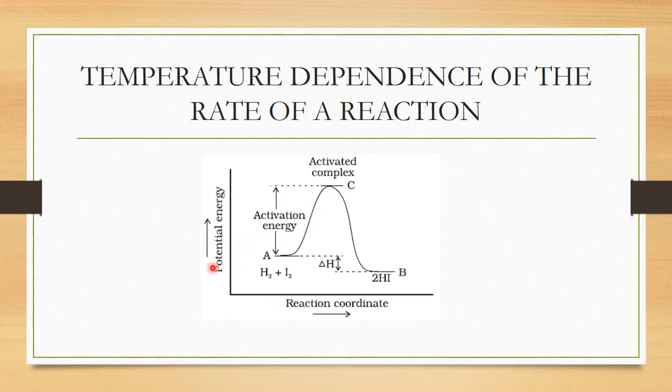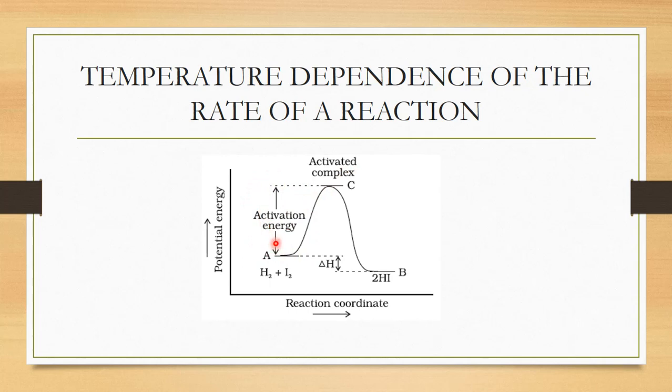If we plot a graph between the potential energy and the progress of reaction, here this is the energy of reactants. Reactants do not change into products directly. You will get a graph like this. They will change into products by first forming the activated complex. So, for forming the activated complex, you require to supply this much amount of energy, known as activation energy.